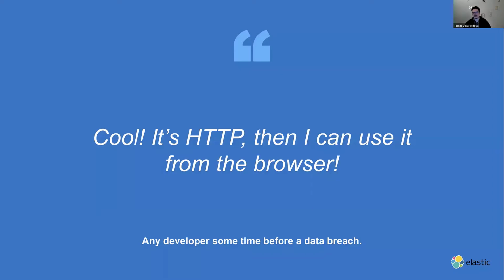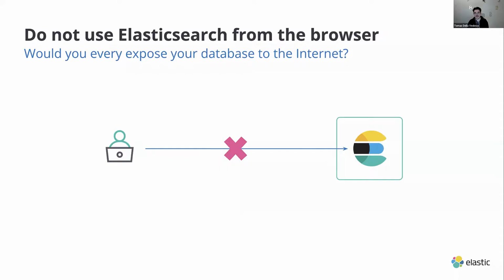A question you can ask yourself is, cool, so we are working with HTTP, which means that I can easily use it from the browser, isn't it? Well, let's say that this is what any developer has said before a data breach. So as a very, very good rule of thumb, never expose Elasticsearch to the rest of the internet.